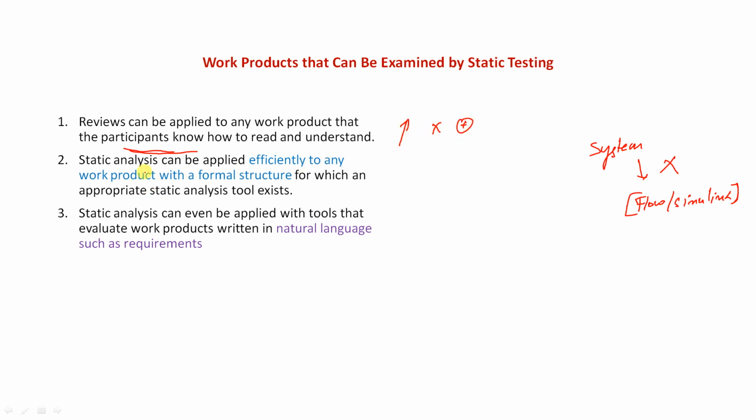All right. Static analysis can be applied efficiently to any work product with a formal structure for which an appropriate static analysis tool exists. So again, for a few things there is a tool you can use to save time, and you can do analysis efficiently. As I said, whenever you're reading these, you should think of yourself as a manager, as the lead, so that you will easily understand.